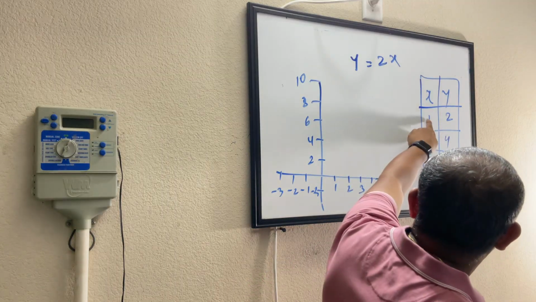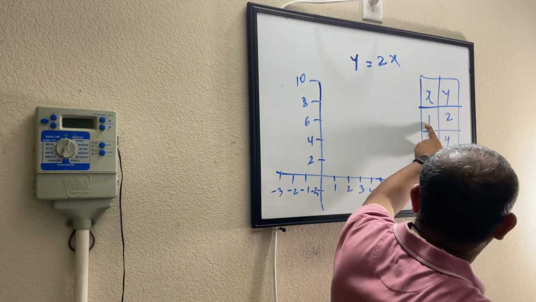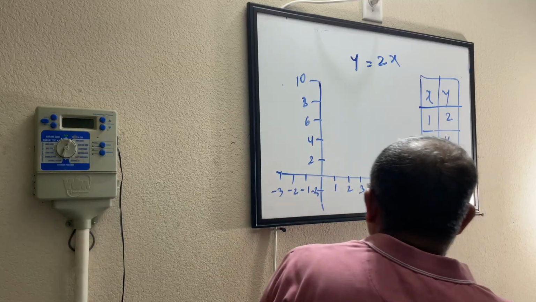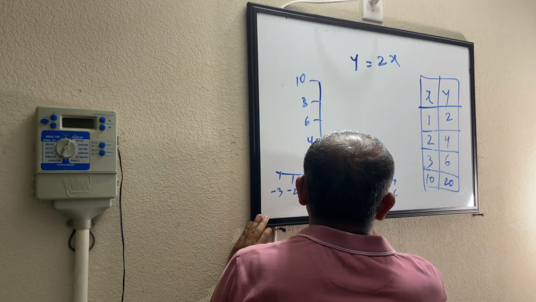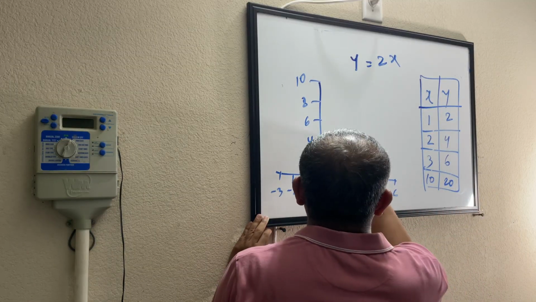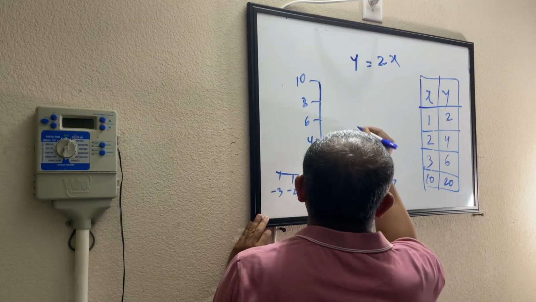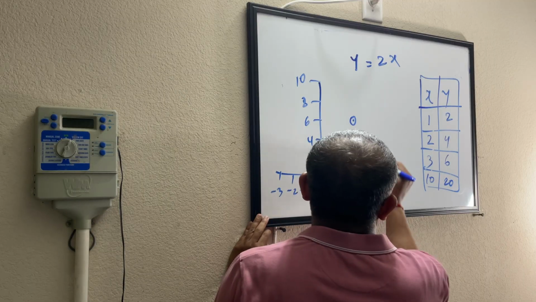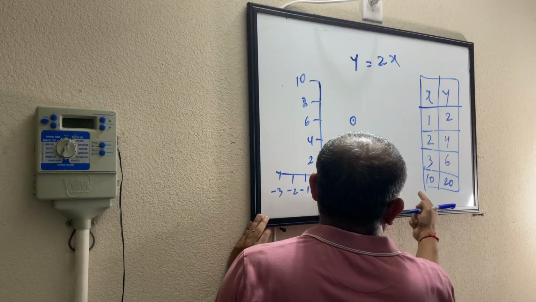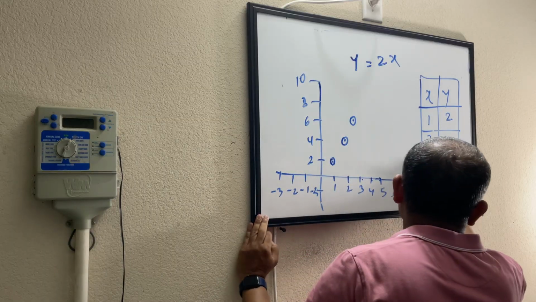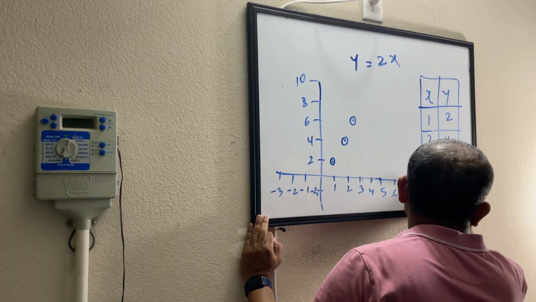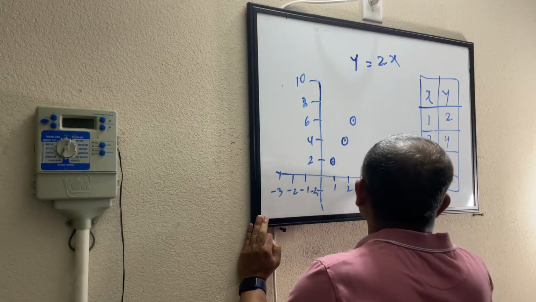Now, let's try plotting it. When x is 1, y is 2. When x is 2, y is 4. When x is 3, y is 6. When x is 10, okay, I don't have 10, I will replace that with a 4.